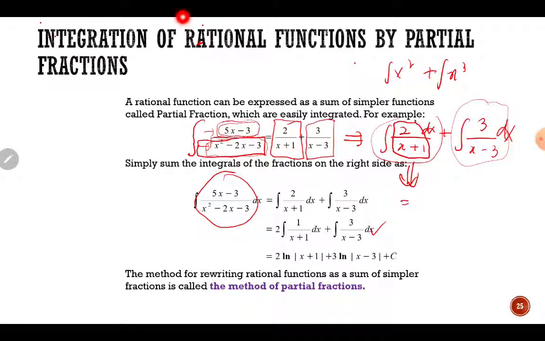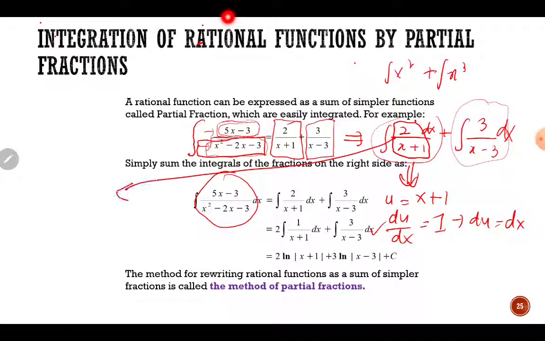Take this 2 over x plus 1. We can use the substitution method if we want. Let u equal x plus 1. So du over dx is equal to 1, right? So du is equal to dx. In this case, we get the integration of 2 over u du, which is 2 times 1 over u du.